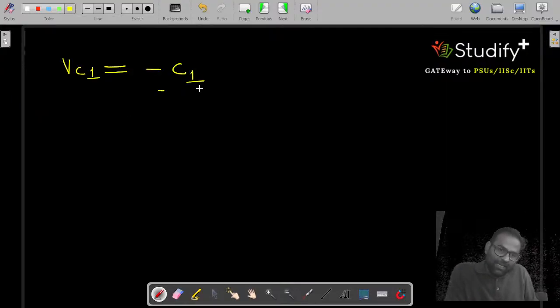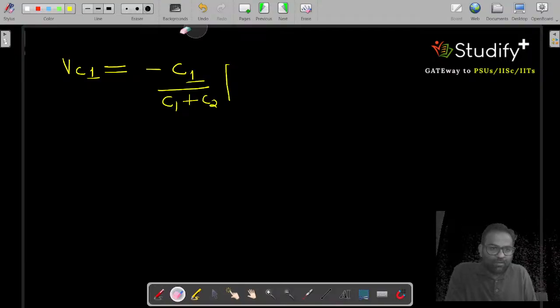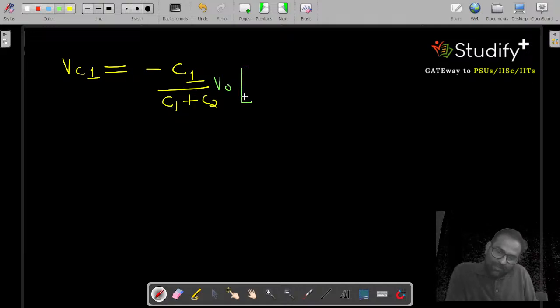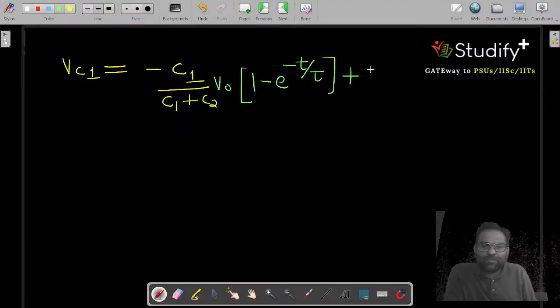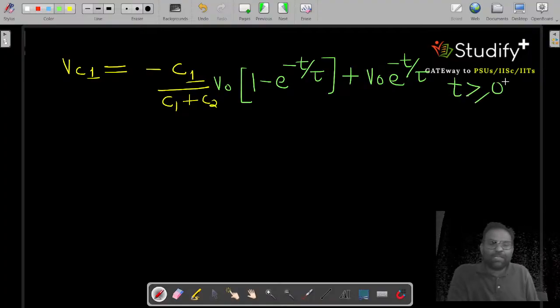C1 divided by C1 plus C2 into V0 times 1 minus e to the power minus t by tau, this much times V0 into e to the power minus t by tau. This is the expression. Now we have analyzed everything for t greater than 0.